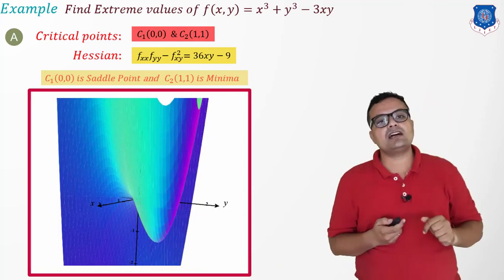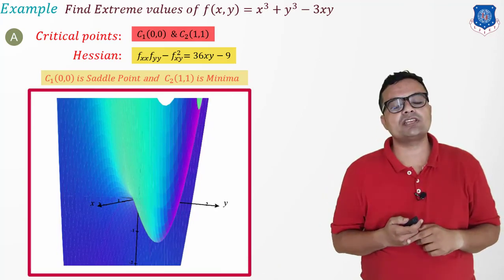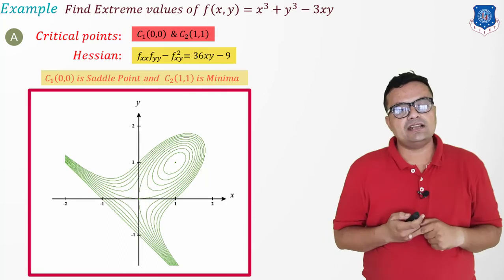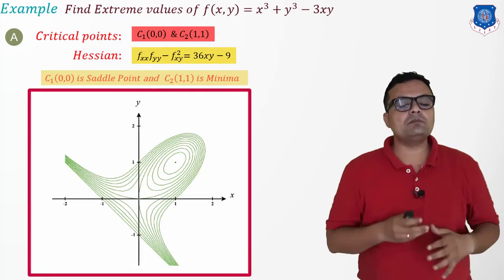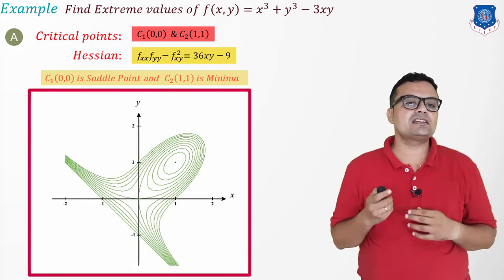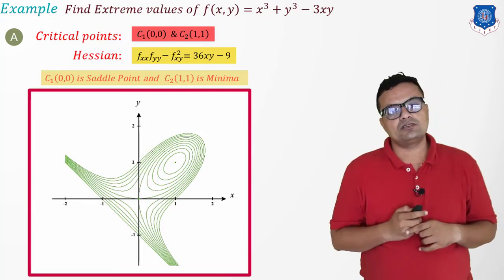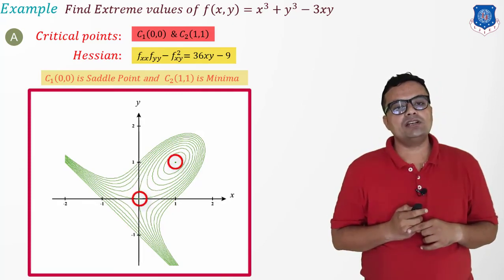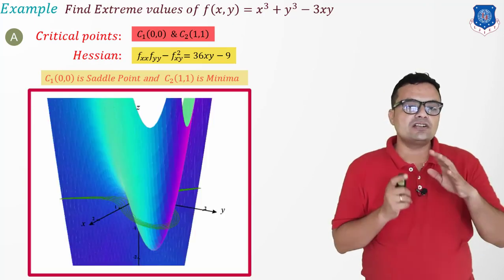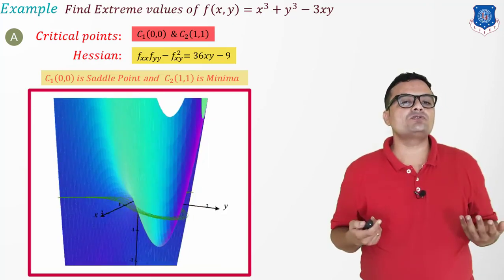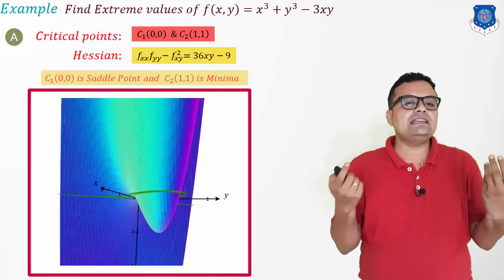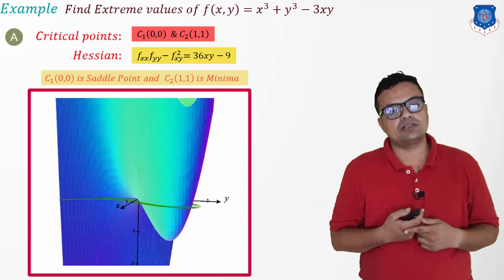If I consider the graph of this function x cube plus y cube minus 3xy, and plot the contour map in the xy plane, I can clearly see 2 points, the origin and 1, 1, at which I am finding critical points. Contour maps are also helpful in identifying whether there will be any critical point on the surface or not.